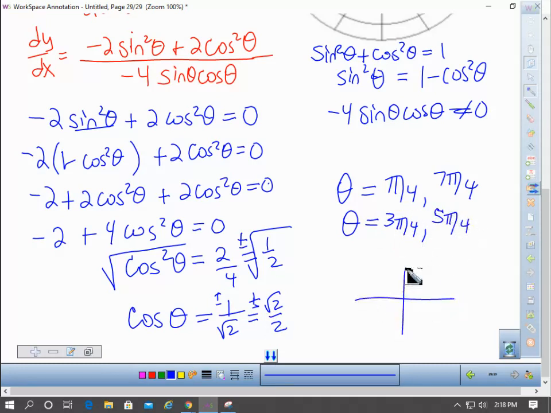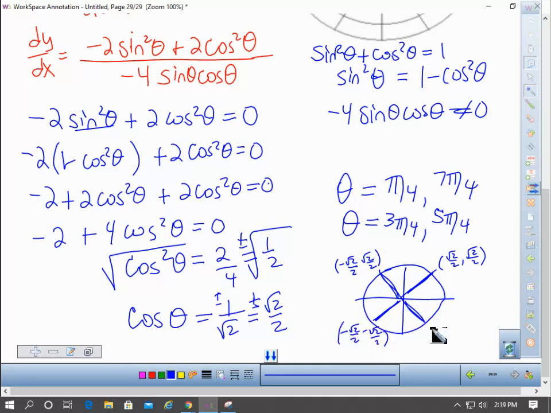Because remember, in the unit circle, cosine is your x-coordinate. So here's where we got positive radical 2 over 2, radical 2 over 2. In this quadrant here is where you have negative radical 2 over 2, radical 2 over 2. In this quadrant is where they're both negative, right?